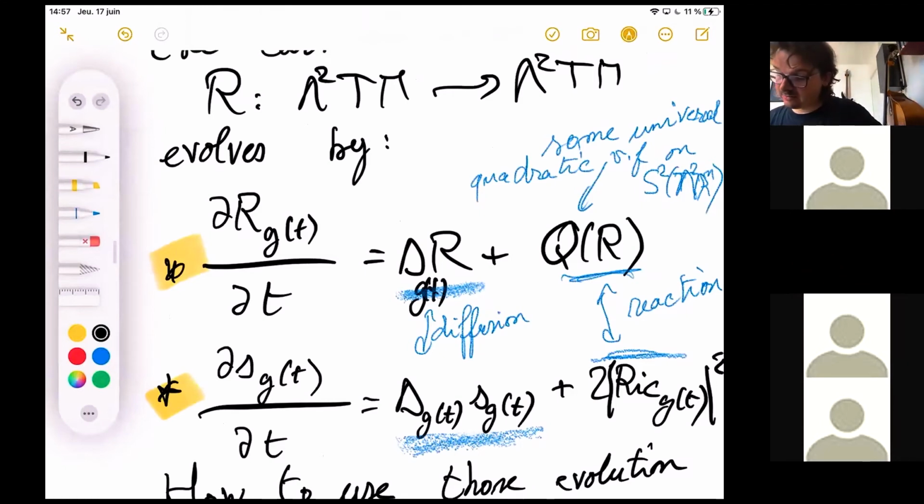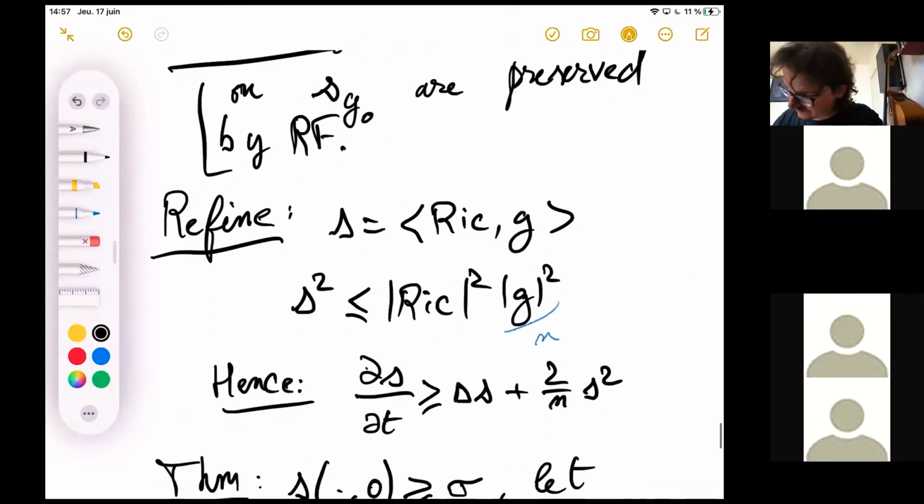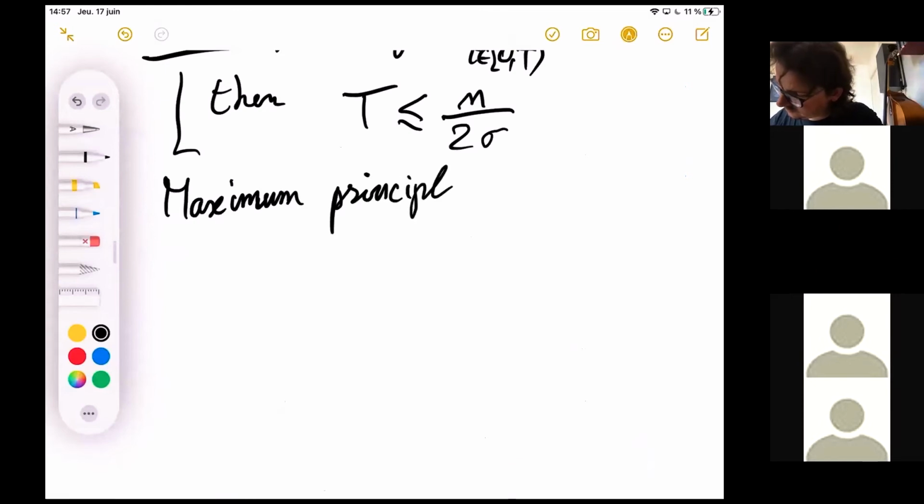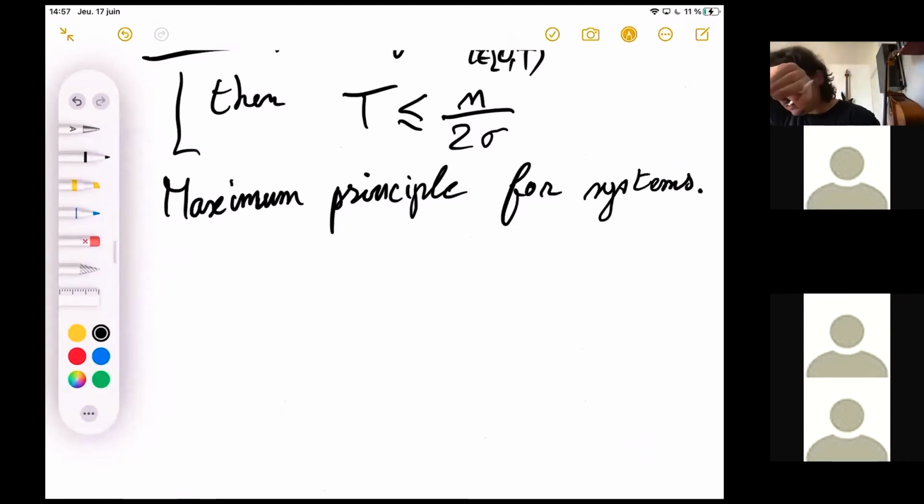What we will need is a maximum principle for systems. So let me state that.